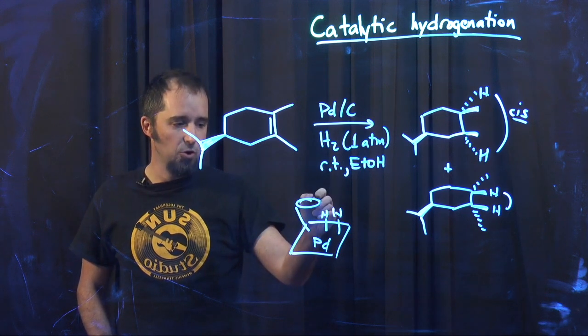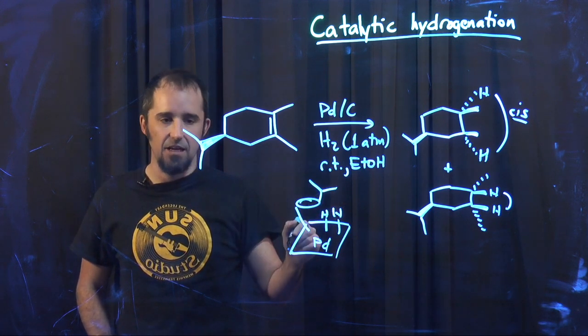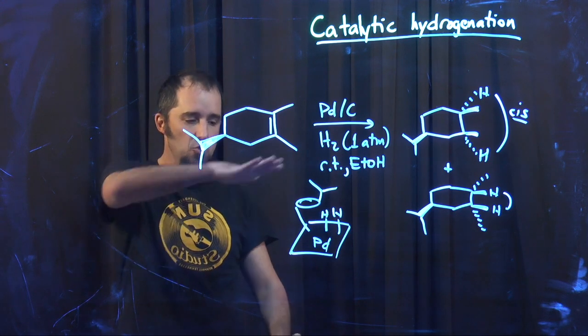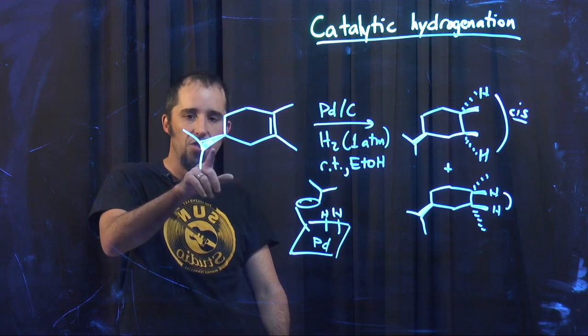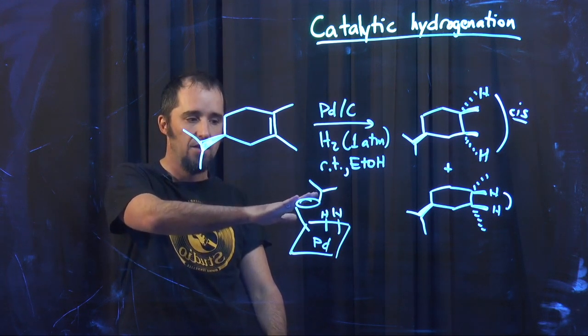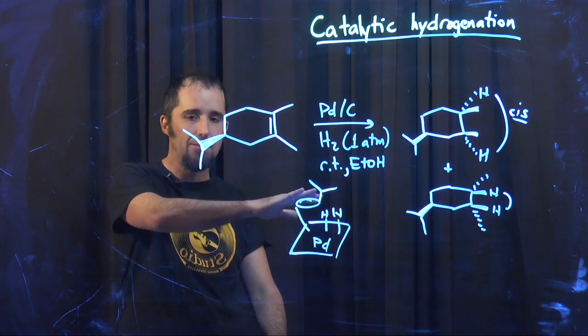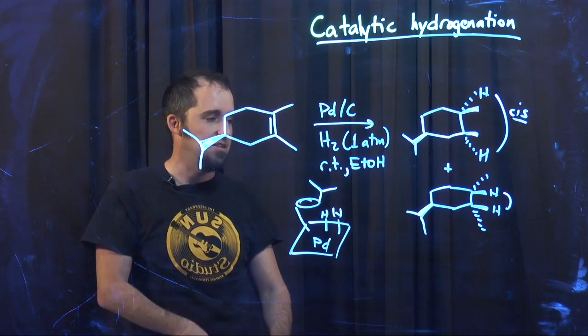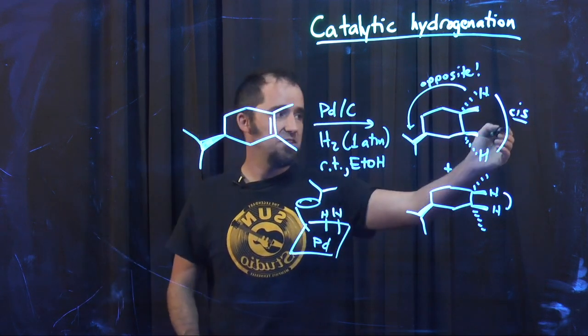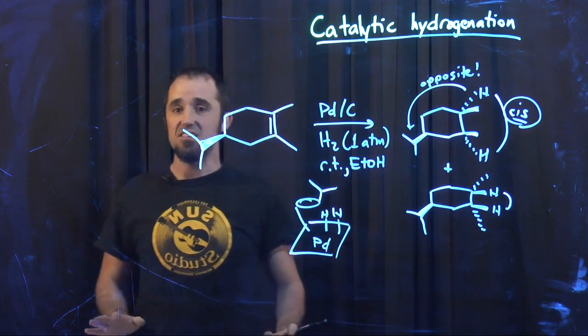So if my isopropyl group is on this thing, it's probably more likely that this is going to complex the surface with the isopropyl group facing away from the surface, right? And so what does that mean for the hydrogens? It probably means the hydrogens are going to add to the opposite face. The important thing to remember is that my hydrogens are getting delivered cis to each other.